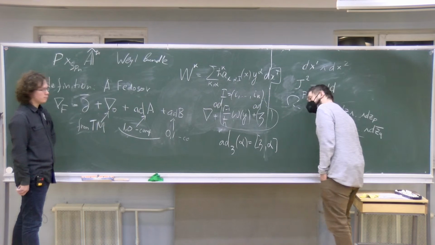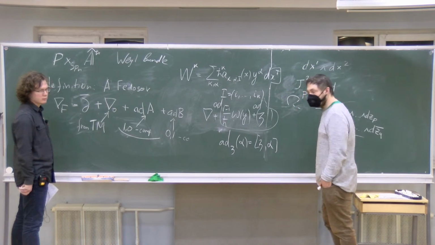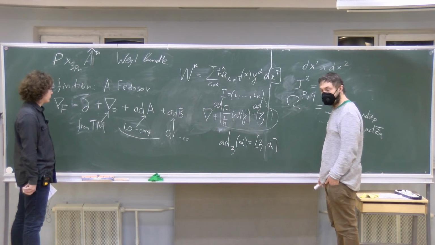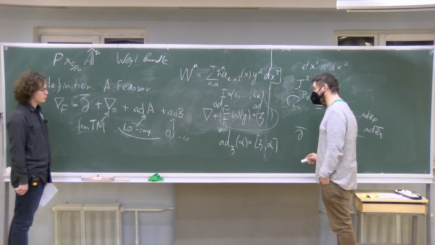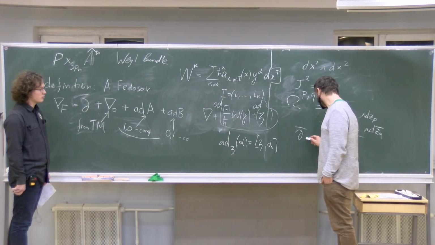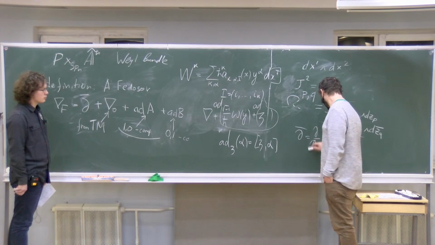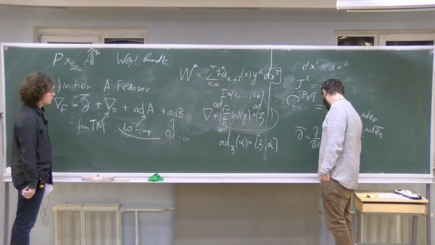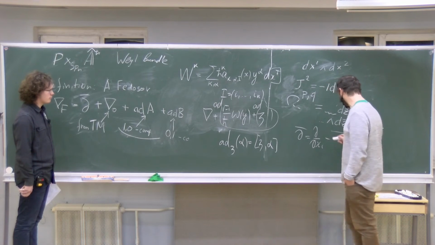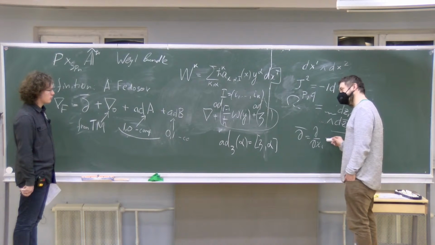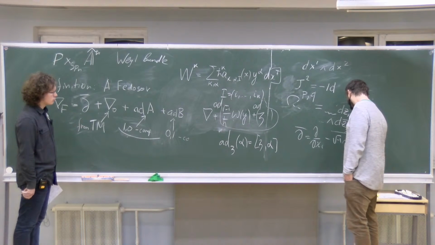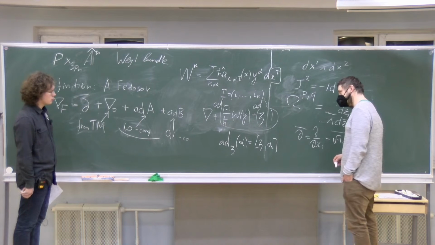Can you give me any description of this first operator, D bar? Up to the sign, which I always forget, it is d over dx_i, plus or minus square root of minus 1 d over dy_i.